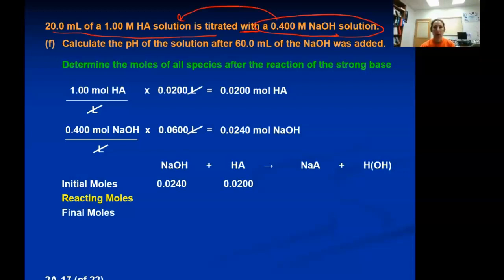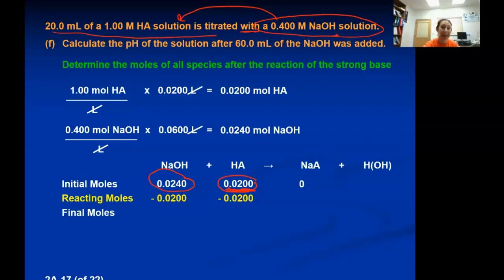So therefore, we're going to go down by 0.240, but we can't go down by all 0.240. The reason is because at 0.2, we have no acid left. We're adding all of this NaOH, but at 0.2, we don't have anything left. So we can only go down by 0.02.